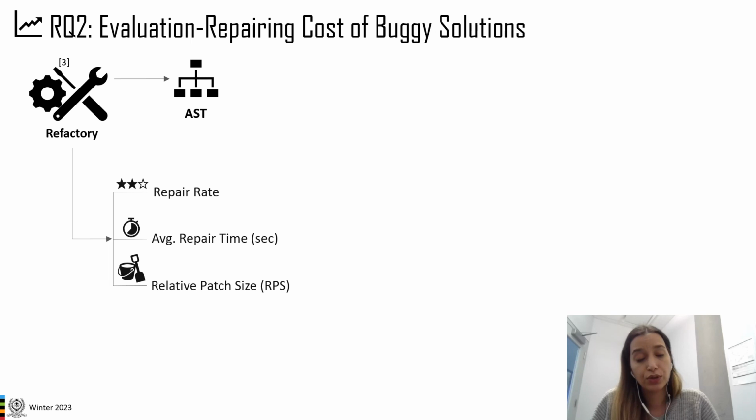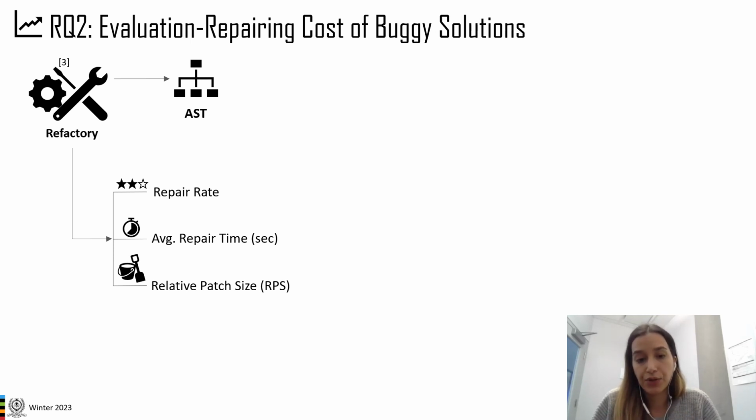The other interesting point about this tool is that it reports three different metrics. The first one is the repairing rate: if you have 100 buggy codes for the same problem, with different bugs, how many percent of those buggy codes could be repaired?